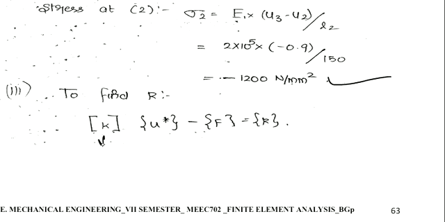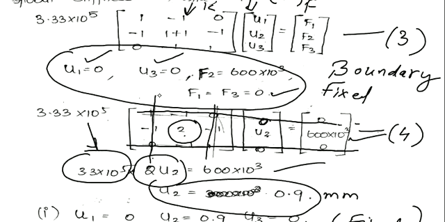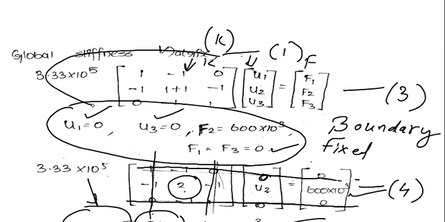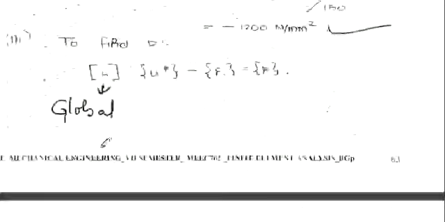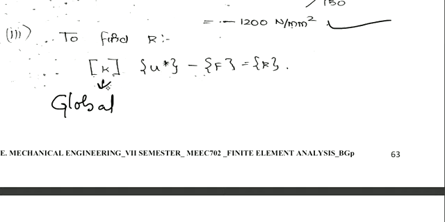K is nothing but the global stiffness matrix which you have calculated before. This is the global stiffness matrix. You have to take this matrix, whatever the outside value, into the displacements.